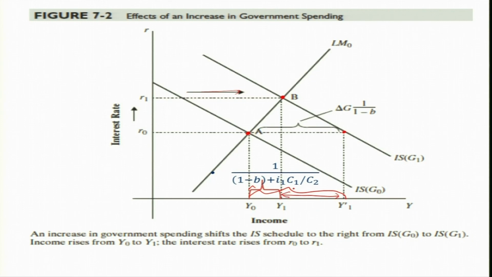The actual increase, this distance y0 to y1, happens with this value times del g. This is the increase in del y, which is equal to del g times this fiscal policy multiplier.